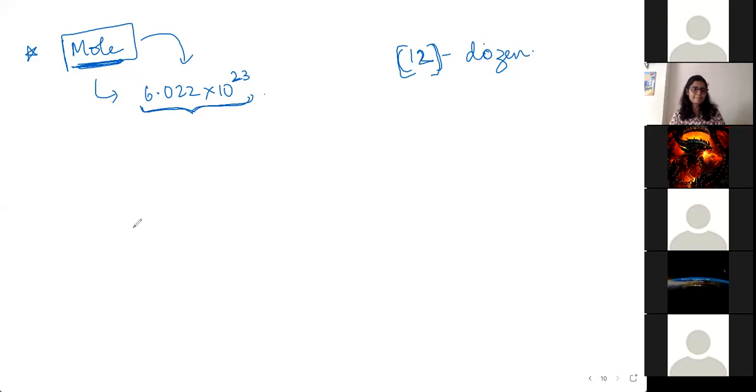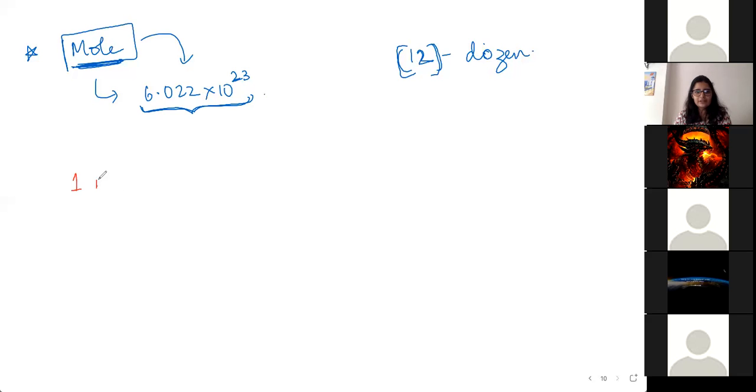Ma'am, I don't understand. Yes, that is an intense multiplication, right? How do you relate it to grams? Practically speaking, this is what they found out experimentally.